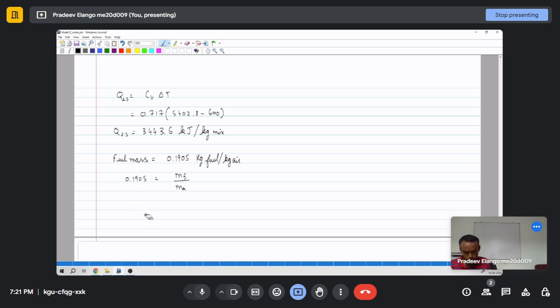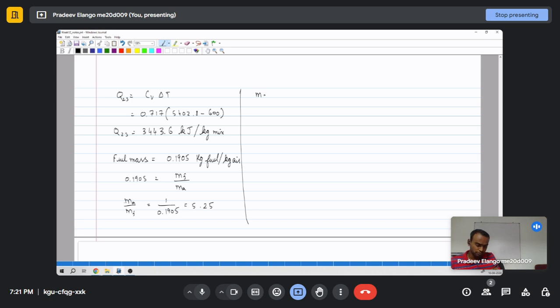So we can do ma by mf is equal to 1 by 0.1905, that is 5.25.